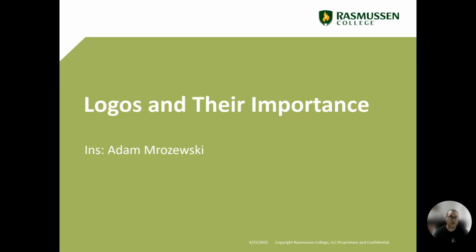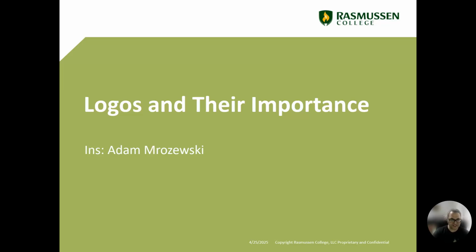So last part of the piece, and this will help you out with your assignment this week, is logos and how they're important, and they're much like symbols in some way that have multiple different elements and really add not only symbolism to them, but also using font and using different types of colors to really promote and show what that business is trying to make their culture all about and the product that they're selling.